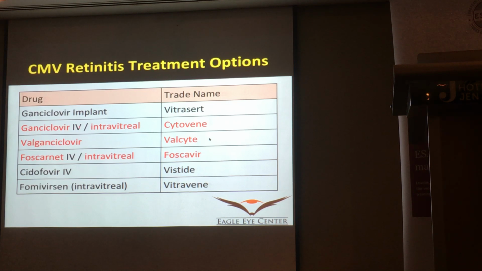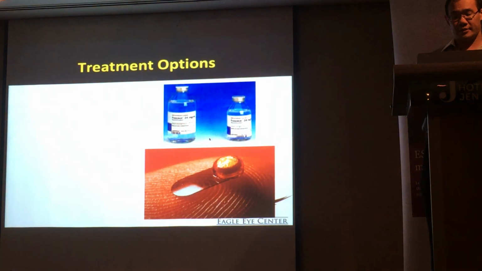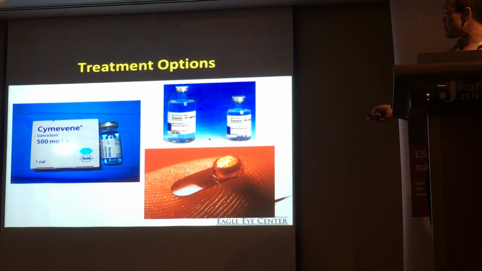Ganciclovir can be given intravenous, intravitreal. It's commonly called Cytovene. Valganciclovir, Valcyte, is the oral preparation. Foscarnet, or Foscavir, is given intravitreal or intravenous. So this is what it looks like. That's ganciclovir in a bottle.